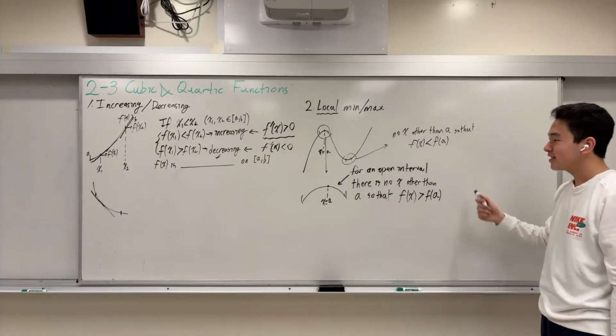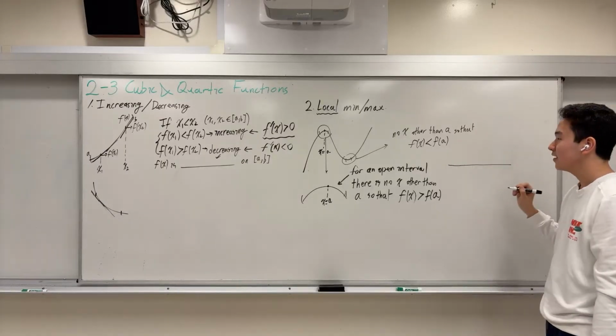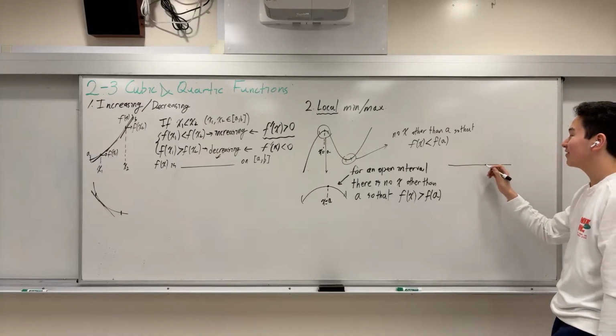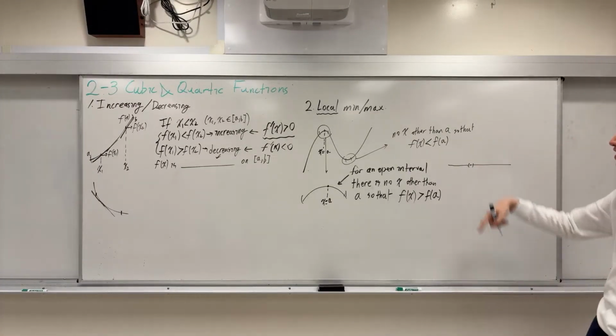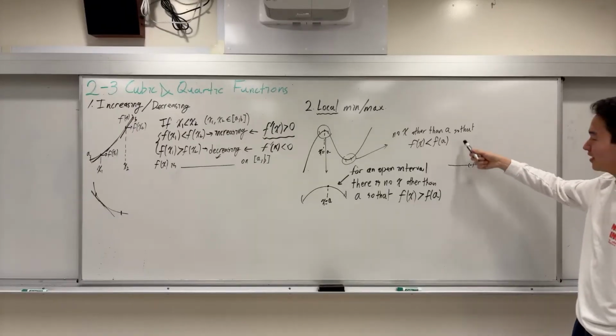And if you take a look at these definitions, then you might wonder, what about a constant function? If you just take these definitions alone, then technically every single point on a constant function is a local minimum and maximum, just because of how the definitions are made.